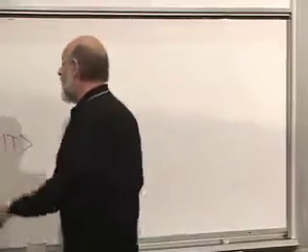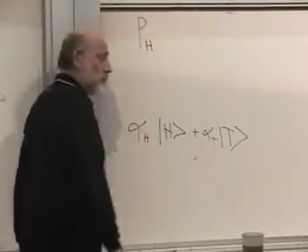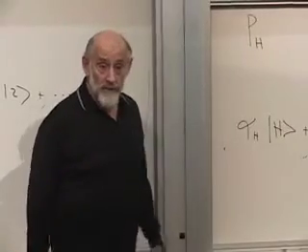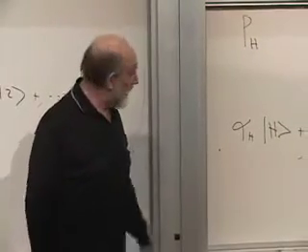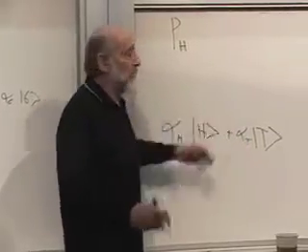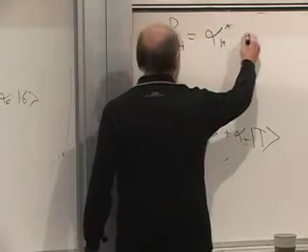All right. So what is the probability for heads? Let's call it P sub h. It has to be positive. It has to be real. These alphas are arbitrary complex numbers. What can it be? It's just alpha_H star alpha_H.